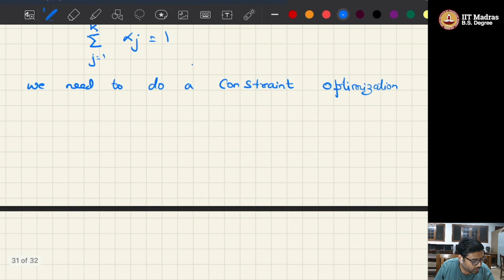We will look into it. Now to do so, we need something from the optimization theory, which is called a Lagrange multiplier.